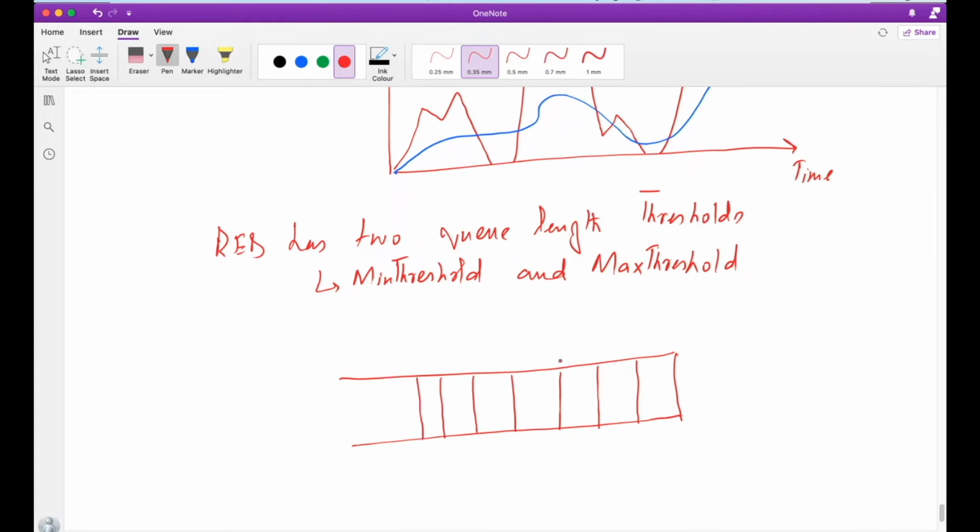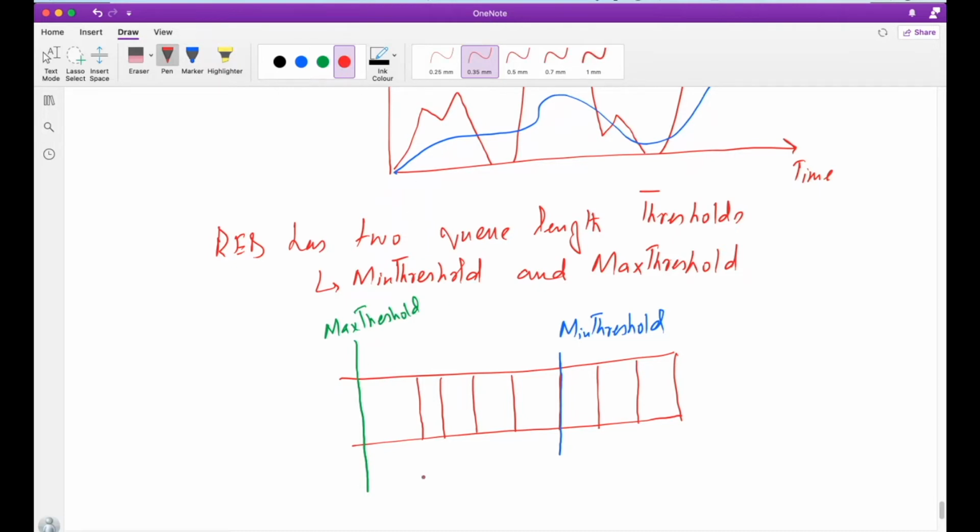Okay, and this value here, say, identifies the minimum threshold, and say this value here, somewhere here, identifies the max threshold, right?